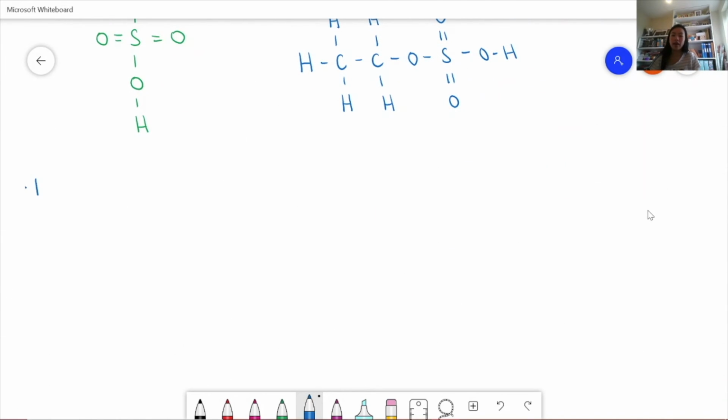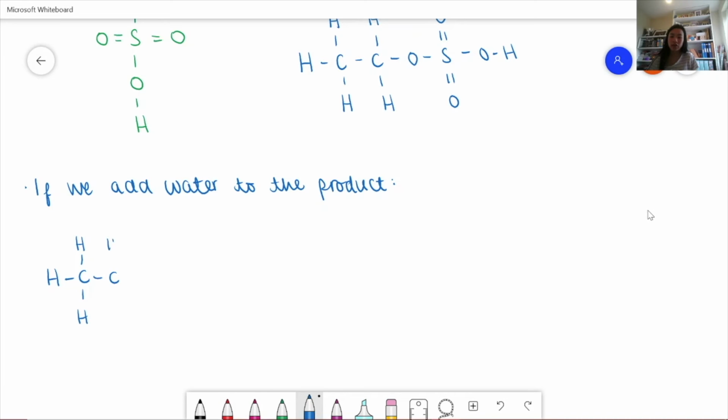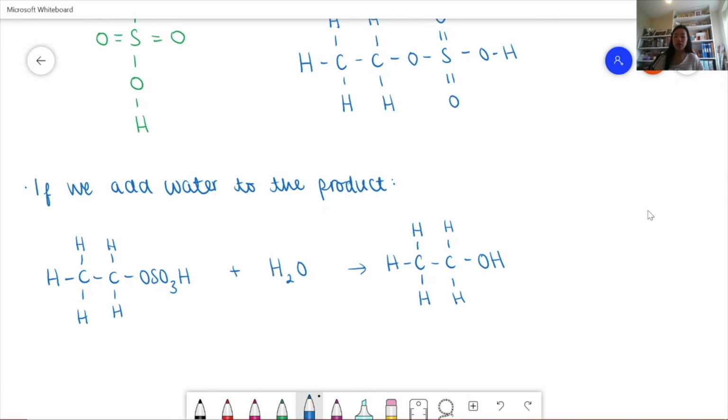If we add water to the product, CH3, CH2, OSO3H, then we get CH3, CH2, OH, so we get ethanol, and then sulphuric acid is reformed.